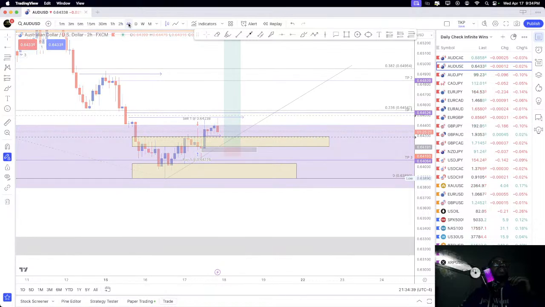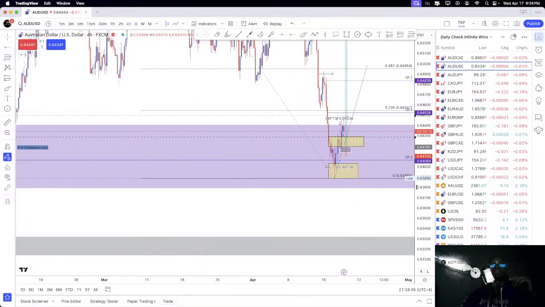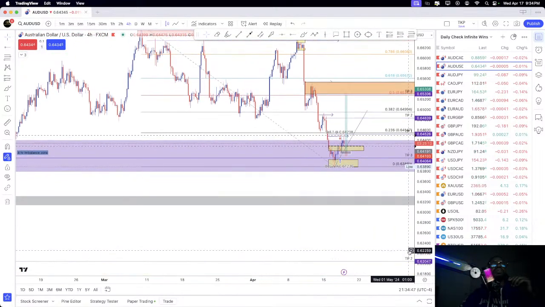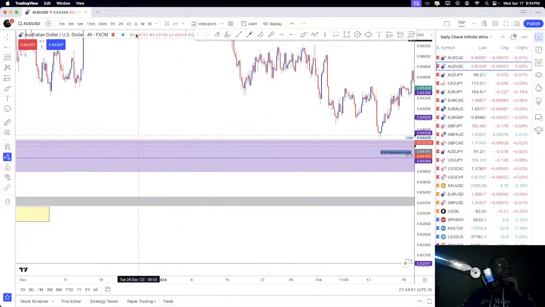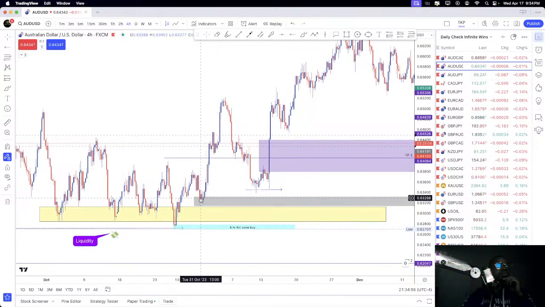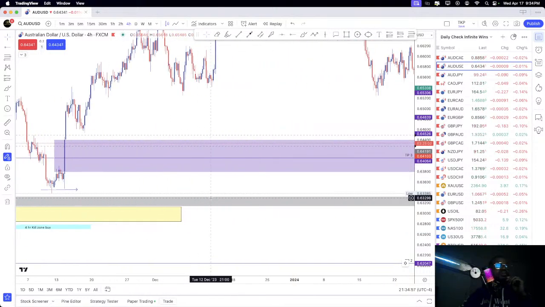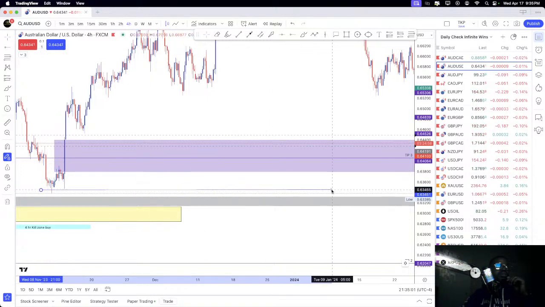So underneath all of this, what's under this imbalance? Okay, got you. So it was a double bottom down here that we were looking at. We got liquidity underneath this.